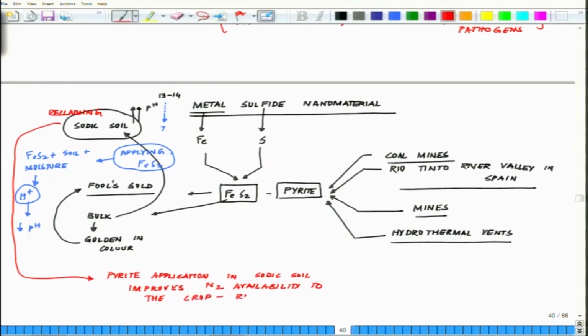Especially this has been observed in the rice crop. But a challenge of using pyrite is that it brings down the pH. So, a normal soil can become acidic, or is destined to become acidic, if you use bulk pyrite in the soil.